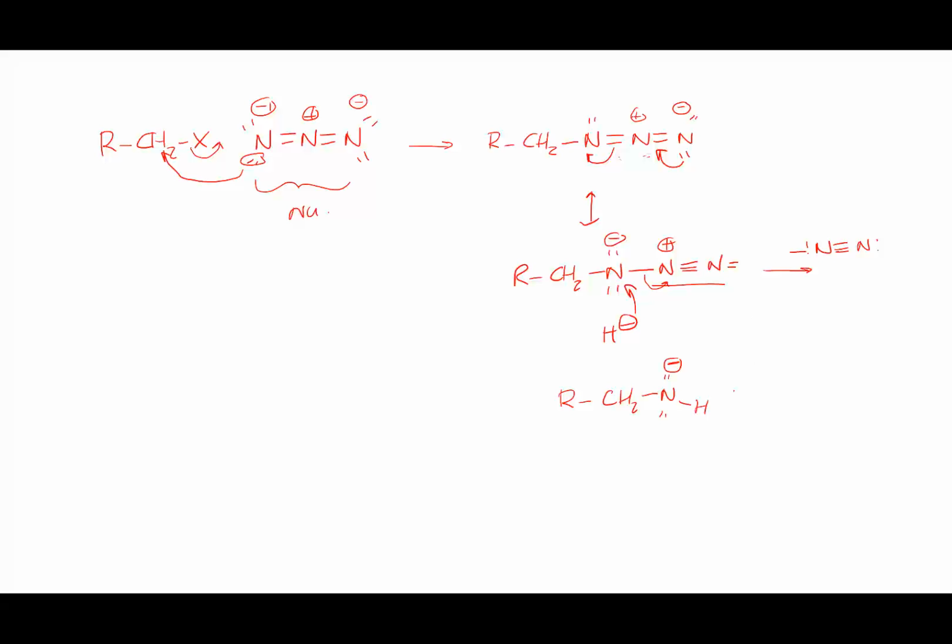So now it's a negative. Now I can go ahead and add an acid or add water to it, so that now that N minus will pick up a proton, and so now I can make my amine.